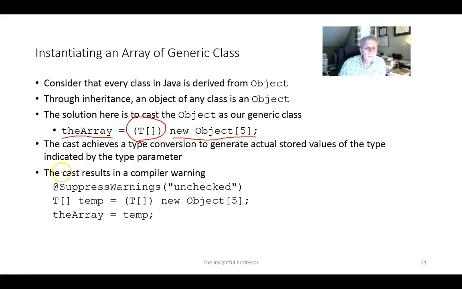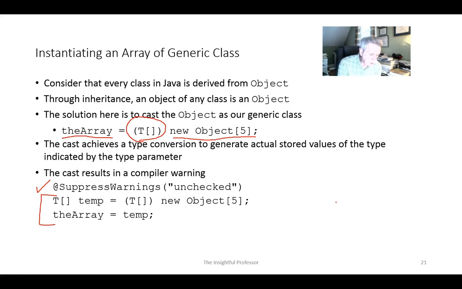So what we do is these two operations we just described, but that results in a compiler warning. To suppress the warning, we can use this operation here, the @SuppressWarnings("unchecked"), and that will suppress the warning and we'll get a clean compile.